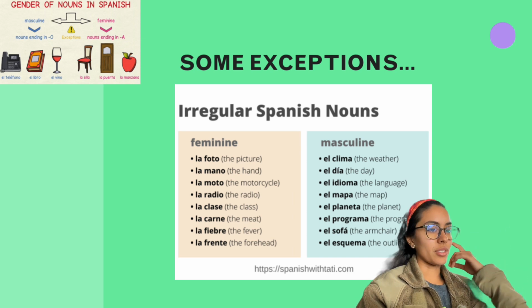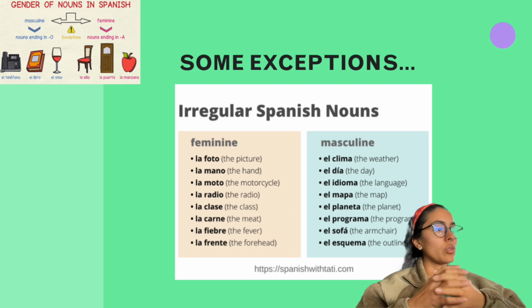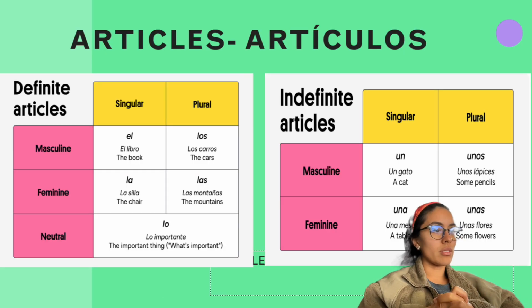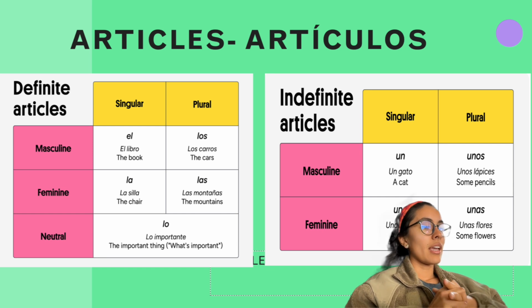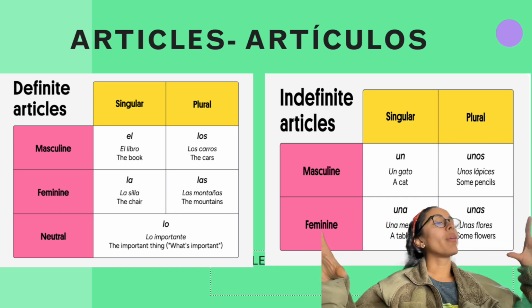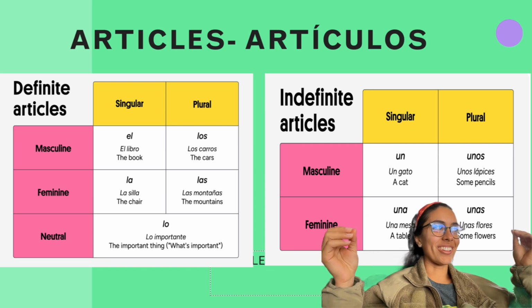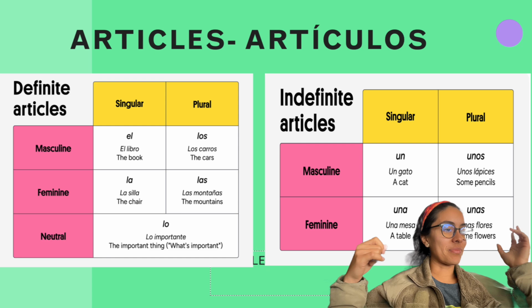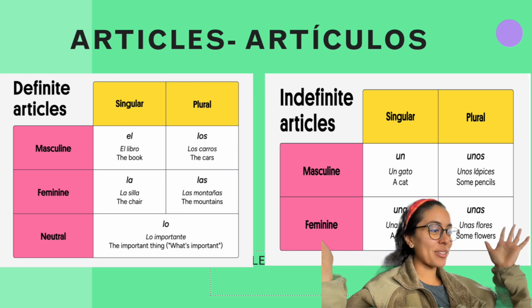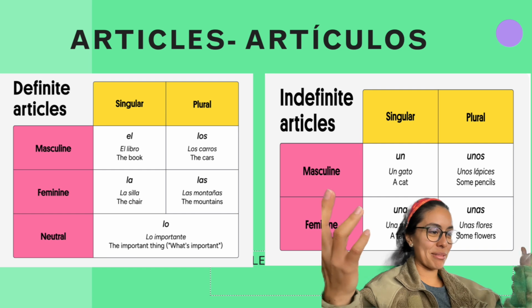Okay, no questions. All right, so I wanted to teach you some articles, definite articles and indefinite articles. Again, I'm going to do my best to use the technical language definitions. I'm not a Spanish grammar teacher, but I do know what the word is and what it means.